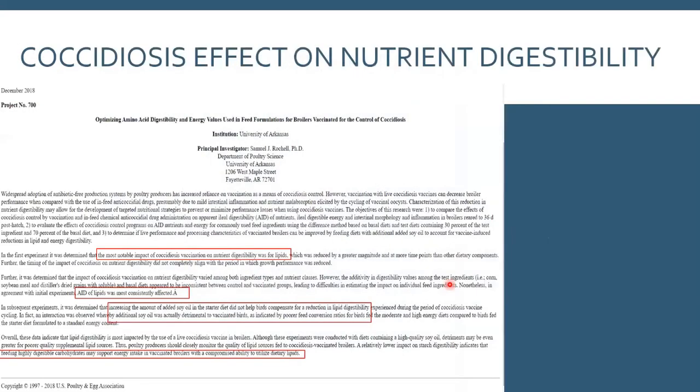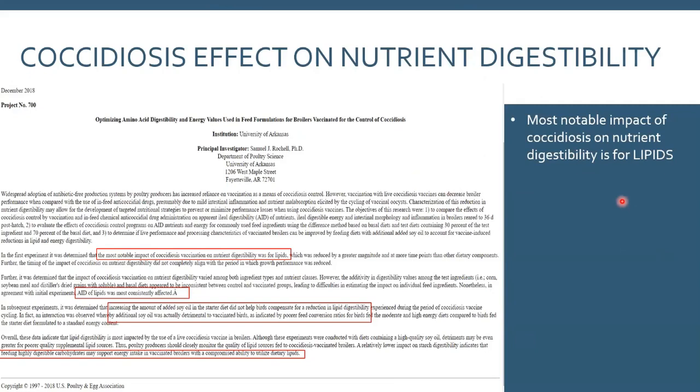So this particular article has caught my attention because this study focused on the effect of coccidiosis on nutrient digestibility. It is actually a two-part study. One is on the effect of coccidiosis on amino acid digestibility, and the other is on the effect on fat digestibility.